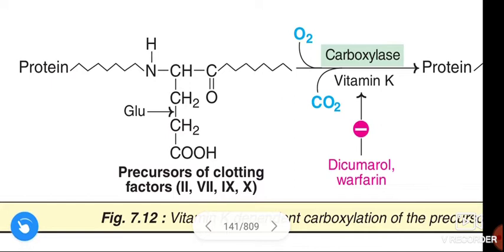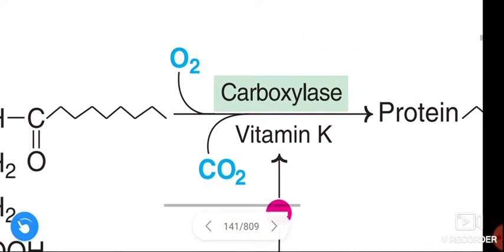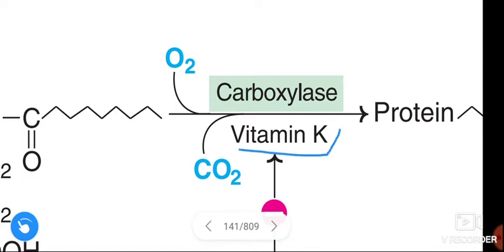And this reaction is dependent on vitamin K, oxygen and carbon dioxide. In carboxylation of glutamate or glutamic acid, this reaction is dependent on vitamin K, oxygen and carbon dioxide.